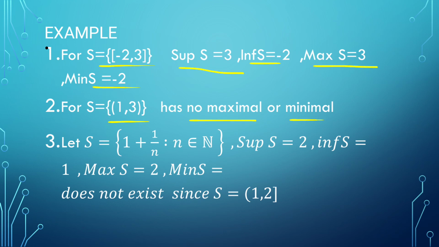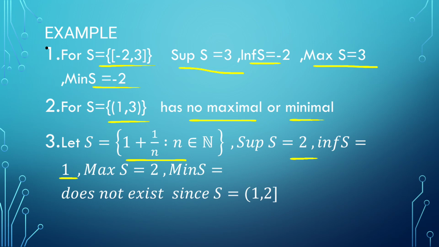Again, if you look at this set here, you find that the supremum of S is 2. You can see that the highest you can go is with n being 1, and that makes 2. Then the lower you can go, you see it's divided by a big number n, and that gives you 1.